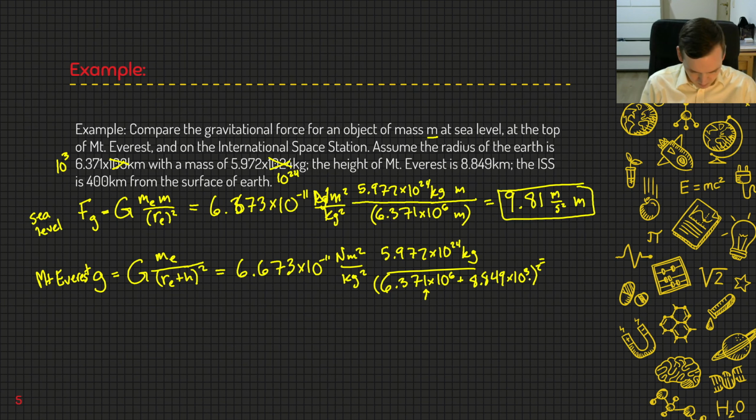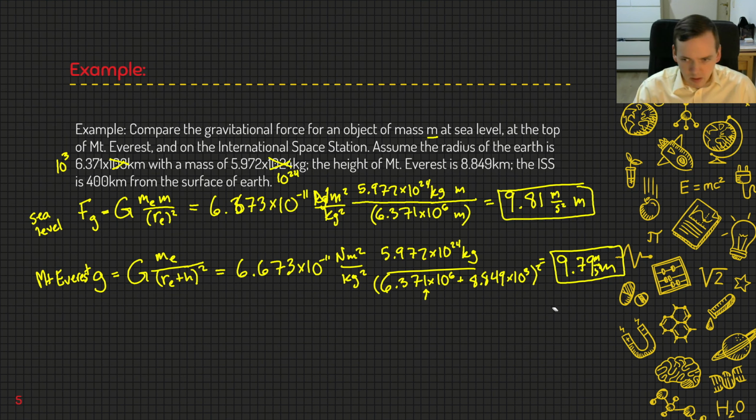So I'm going to come in here with my calculator, pull up the old equation, and then do plus 8.849 times 10 to the 3rd. And that will give us 9.79 meters per second squared, times m.